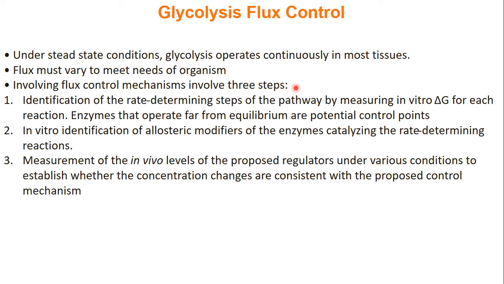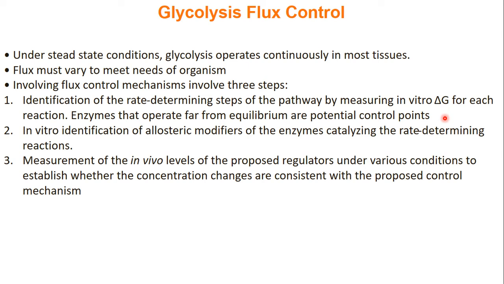And flux control, seeing what enzymes or what mechanisms are involved in flux control, that is, what are the actual dials to speed up flux or slow down flux, is based on three things. One, identify the rate determining steps of the pathway. To do that, you need to know delta G in vitro.